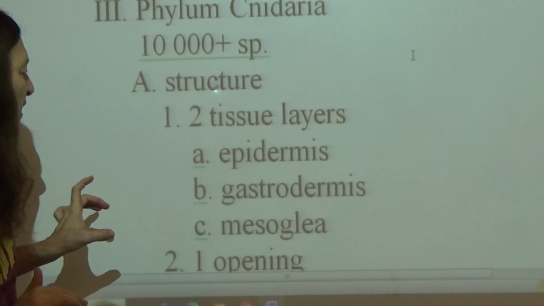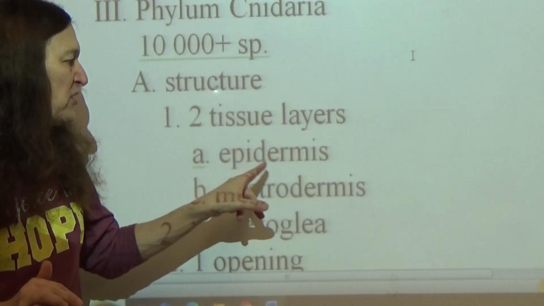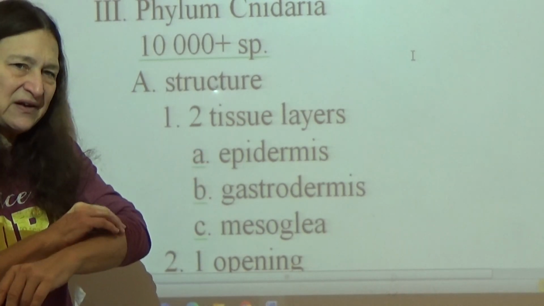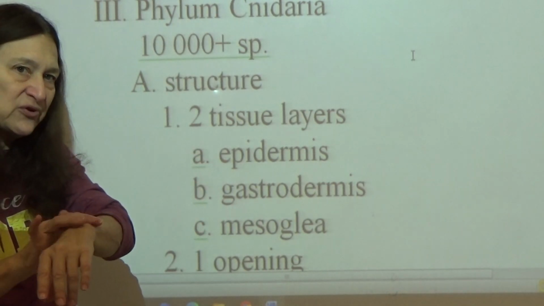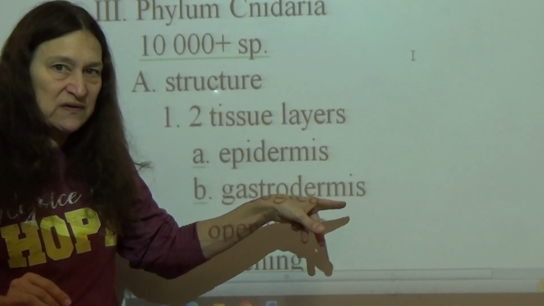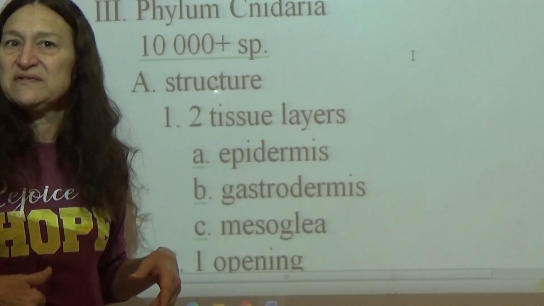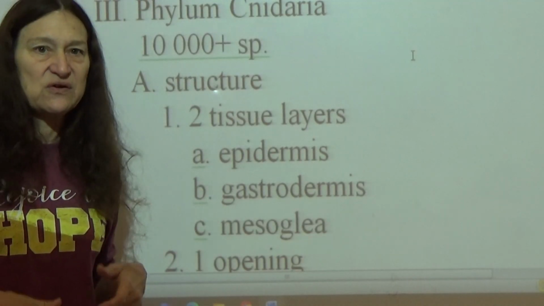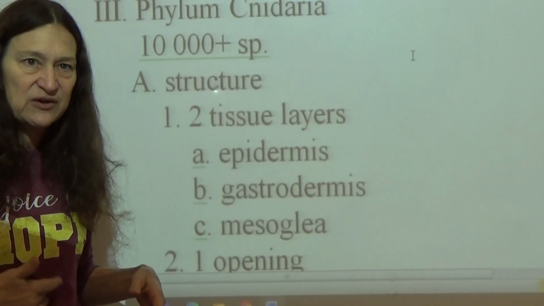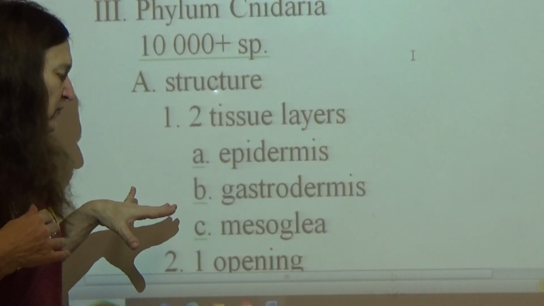You have the epidermis, so derma meaning like skin, so kind of the outer layer, the outer skin. Then you have something called the gastrodermis: dermis, skin, gastro, like your stomach. You think gastrointestinal, that's your digestive tract in there. So those are your two tissue layers.